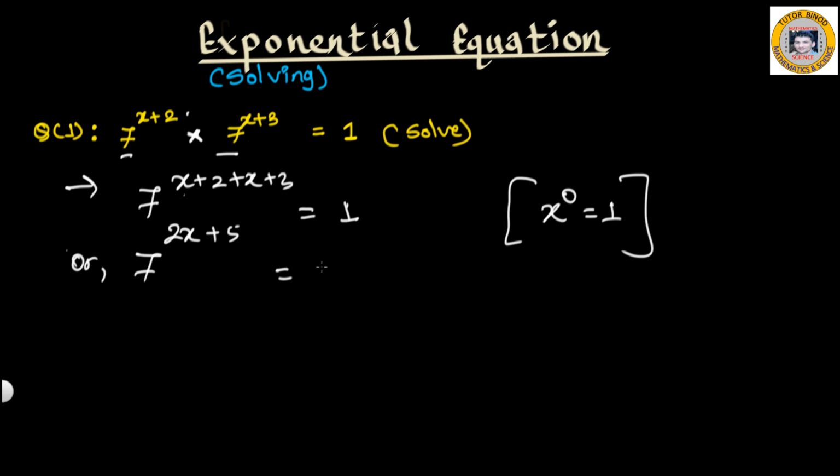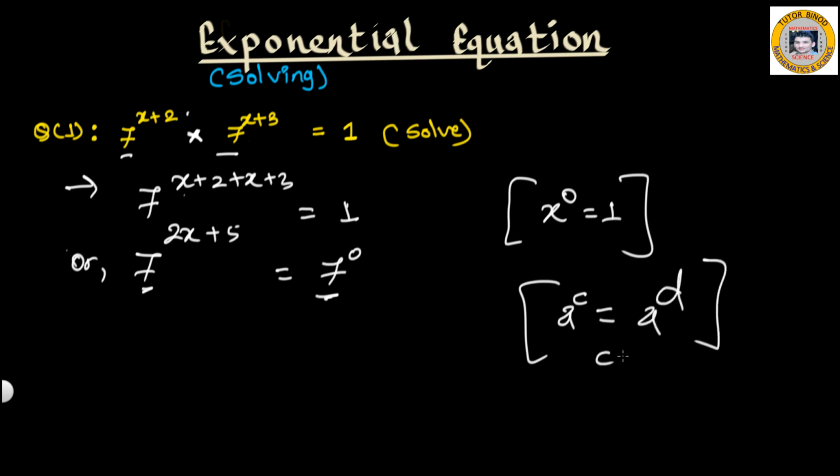So I can write this in terms of 7 to the power 0, because I want to have the same base on both sides so that I can equate the power. Because if I have a to the power c equals a to the power d, this means that c is equal to d. So to have the same base, in terms of 1, I put 7 to the power 0, which is equal to 1.